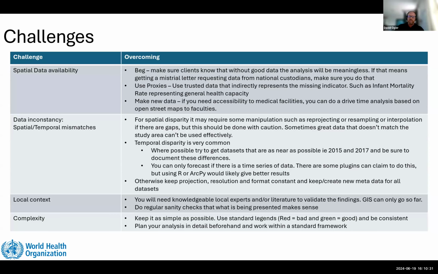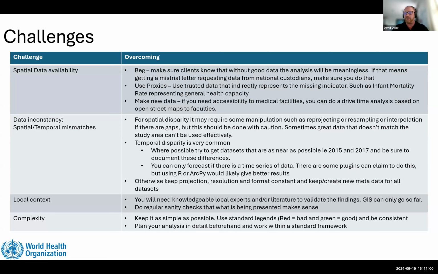Temporal disparity is always an issue; I've never seen a project where temporal disparity hasn't been the case. Obviously, you need to try and get data sets as close together as possible. So 2015, 2017, that's okay. But you always need to note these differences. There are obviously some plugins that say they can forecast the data, but you need to have time series data for this.